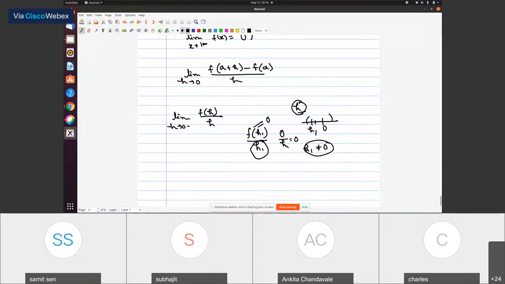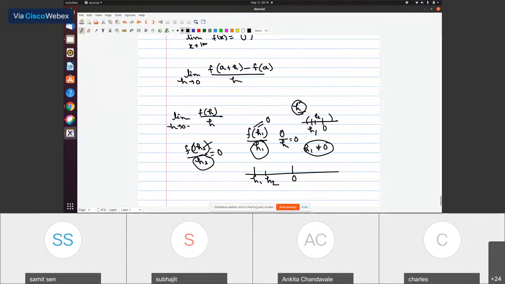Now I am taking another number h2 which is nearer to 0. You can see the picture, right? Here is my h1, I am taking h2. Now again this is f(h2) by h2. So this is again 0, right? Because h2 is non-zero.